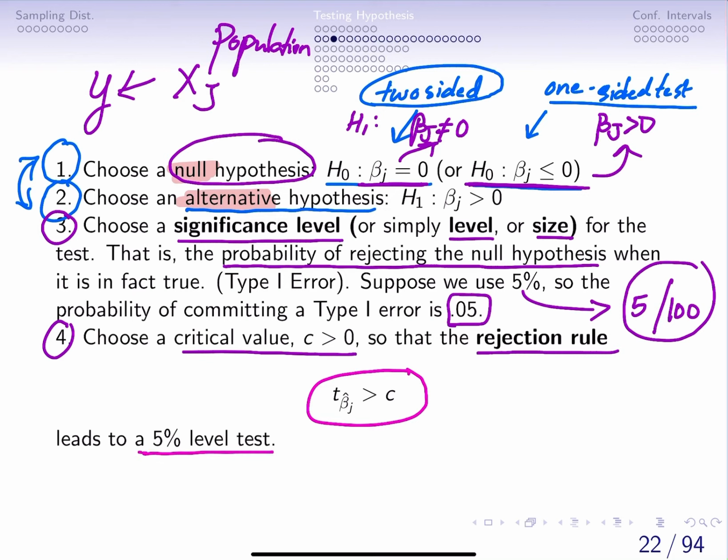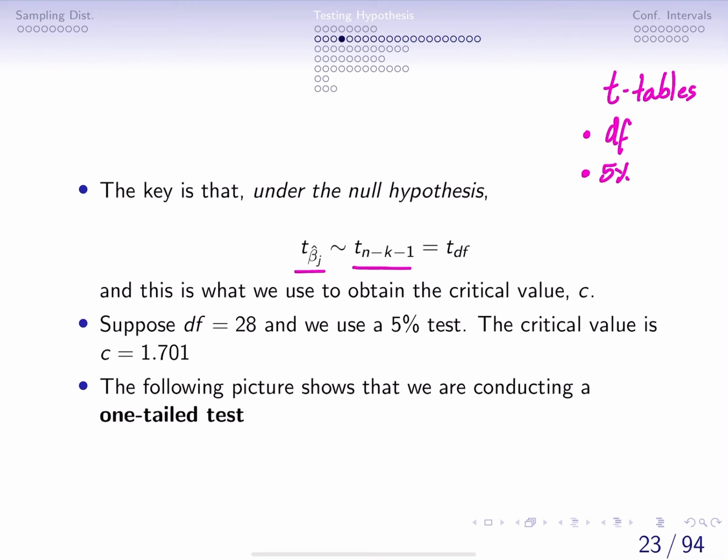Remember that under the null hypothesis, the t-statistic follows a t-distribution, and we can look at the t-tables. What we need to know is our degrees of freedom and the significance level of the test. So is it 5%, 10%, or 1%? Then we can find the critical value. And R can do this very quickly, and we'll see that in the lab.